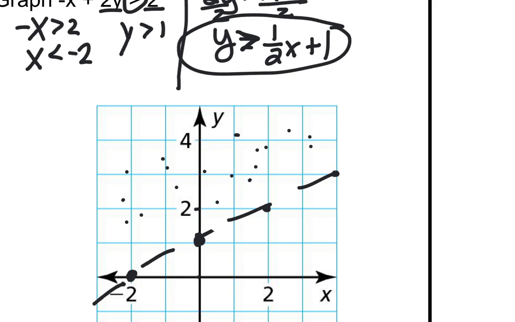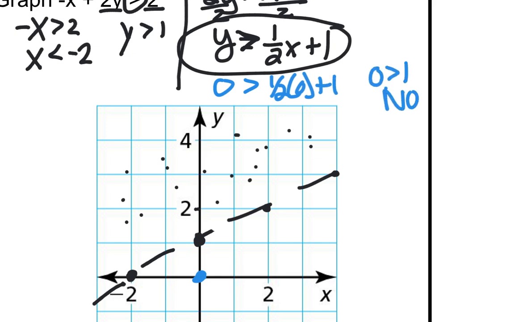But let's do a test point. So my 0, 0 is not on the line, so I'm going to just plug in 0. It's greater than 1/2 times 0 plus 1. So is 0 greater than 1? No. So this means this is false, right?